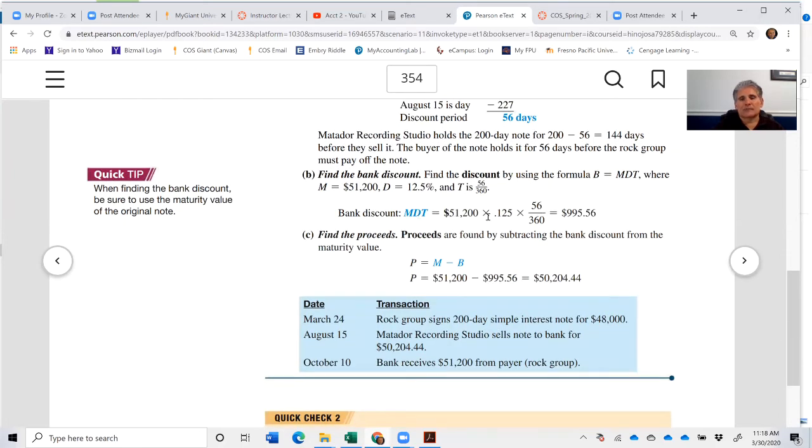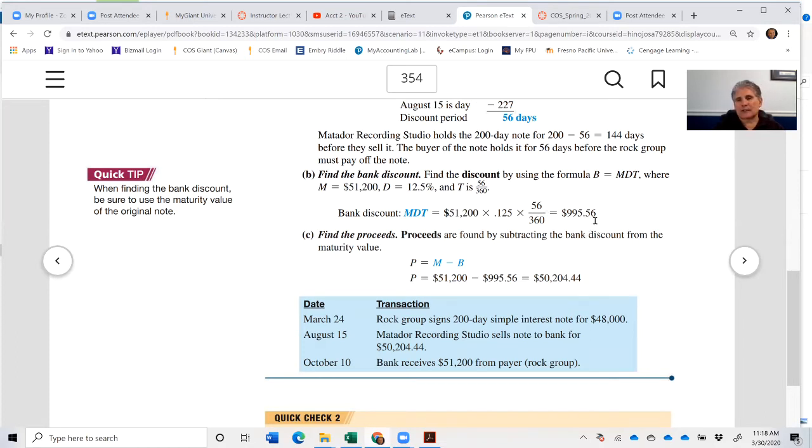The discount is 0.125. That's the 12.5% discount rate. And then the term, the number of days, is 56 over 360. That's 56 days remaining. So over 360, the discount is $995.56.